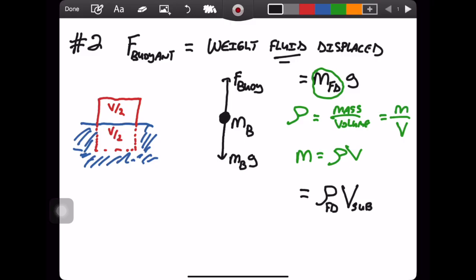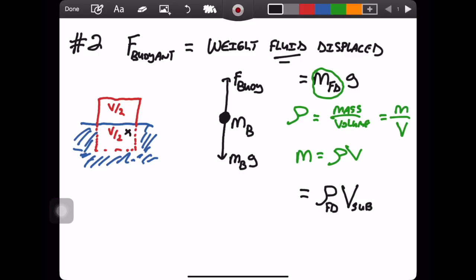That's this lower part of the block, the volume that was submerged, but it's the density of the water that we're interested in when we think of the weight of the fluid displaced.